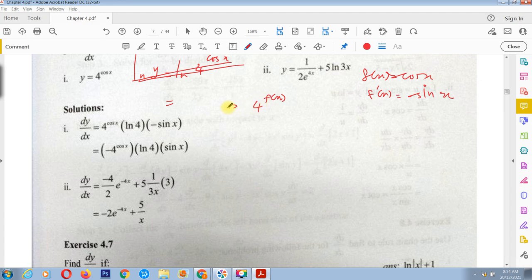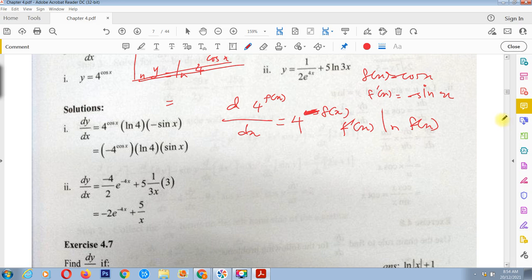So if we differentiate this, we will get what? Just copy first. I just put the formula first for f(x), and then f prime x, and then ln a.